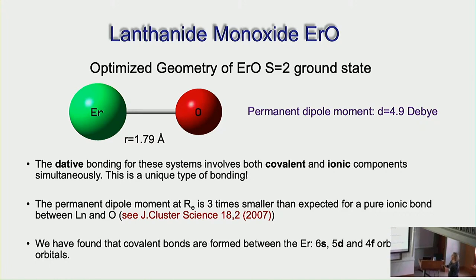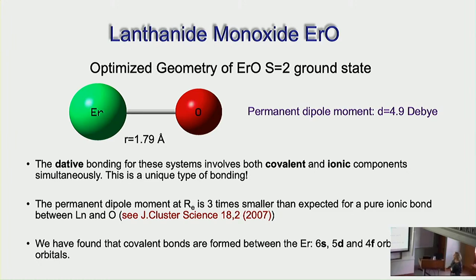Obviously, there's no hydrogen molecule to take some part of the p electron, but apparently it's not really ionic coupling, because if you look at the permanent dipole moment, assuming it's totally ionic coupling, it should be like 14 debye, but it is not.